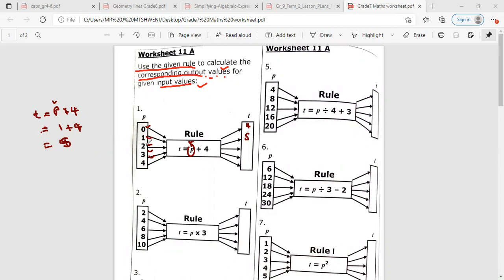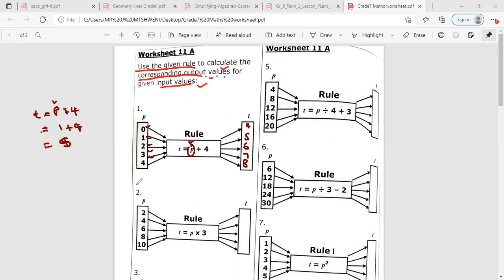Now you're having 2. 2 plus 4, you get a 6. 3 plus 4, you get a 7. 4 plus 4, you get an 8. This is how it should be done. This is easy.